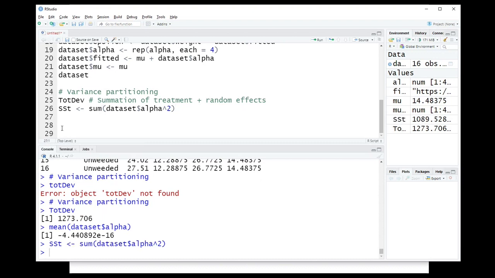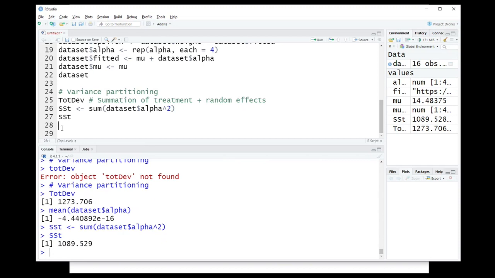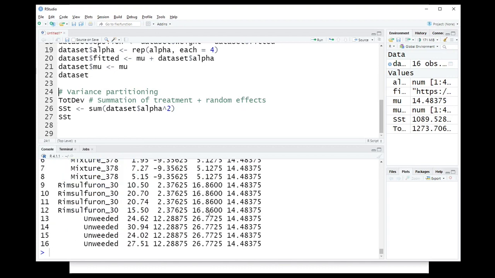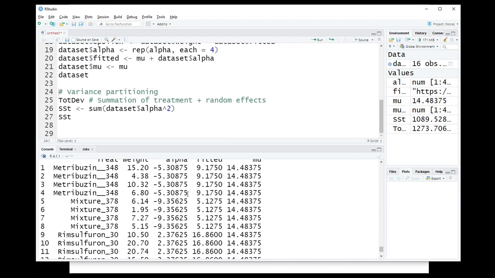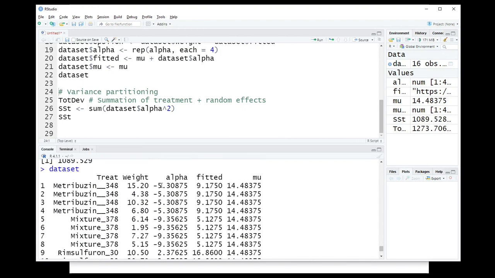And this is the sum of squares for the treatment, which is, you see, smaller than the total sum of squares. Of course, now we are considering only the treatment effect. Look at this alpha value here, it only depends on the treatment.